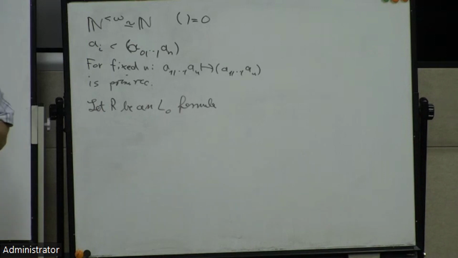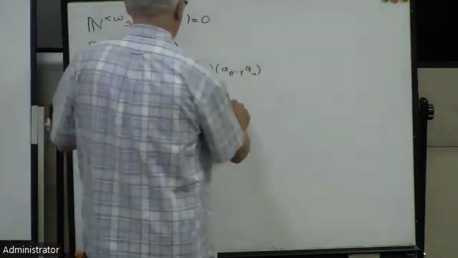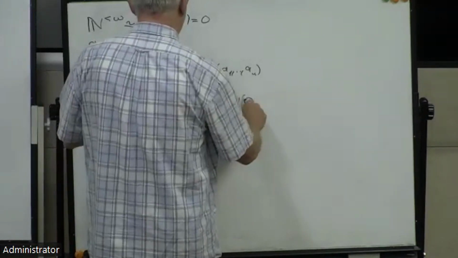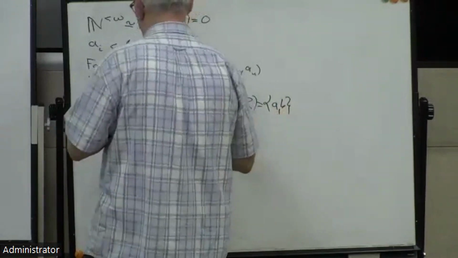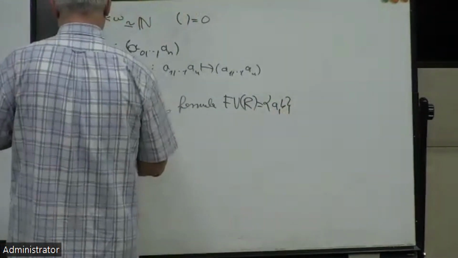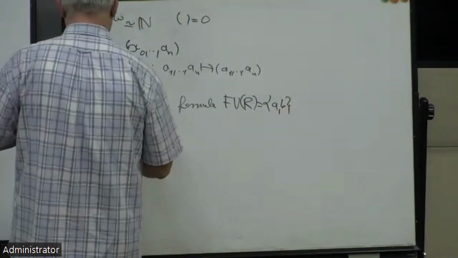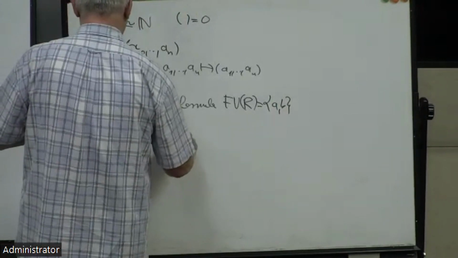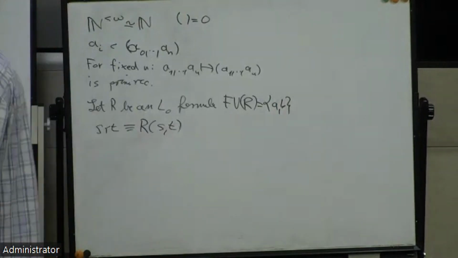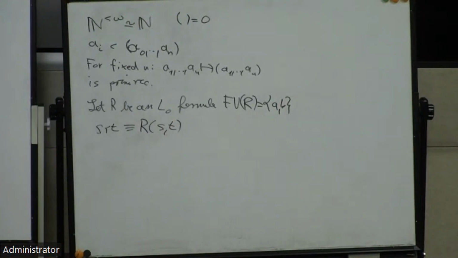Then assume the variables of R are given by two variables A and B. Then I say S is smaller than T by definition the same as R, and I plug in here terms S and T for A and B. That's a definable binary relation.